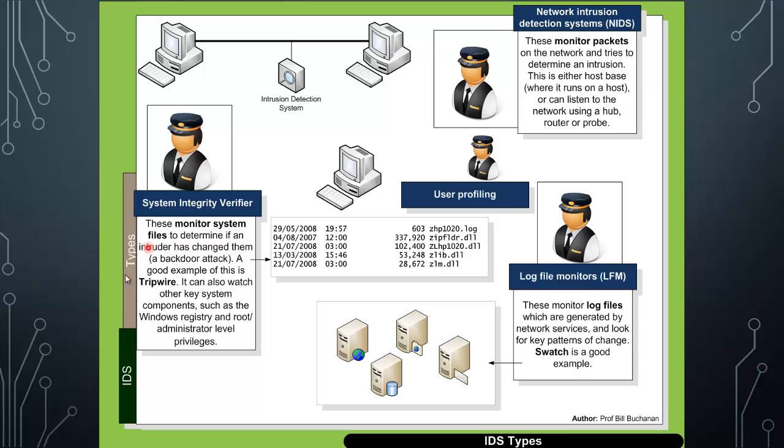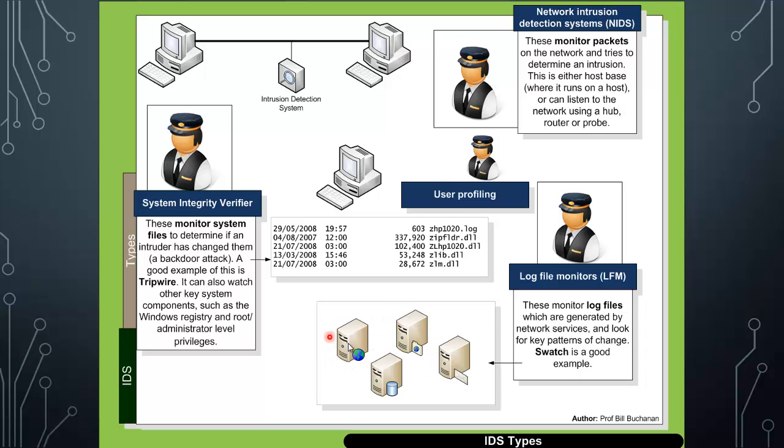A good example of this is Tripwire. Tripwire is informed of a number of files which it watches, and if someone accesses any of these files, it will create an audit for it and alert someone. It could also be for monitoring the Windows registry or root and administrator privileges. We also get log file monitoring, because our logs could be spread across many servers on the infrastructure.